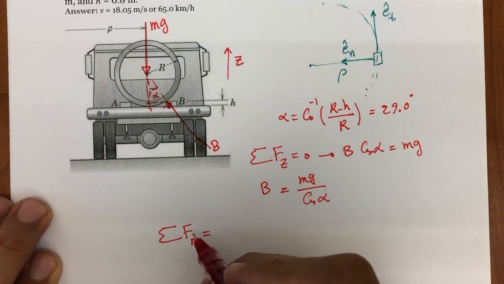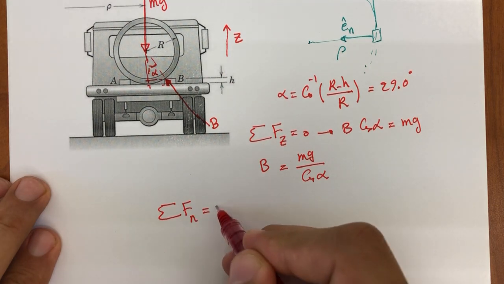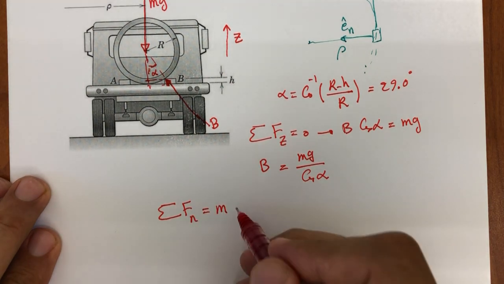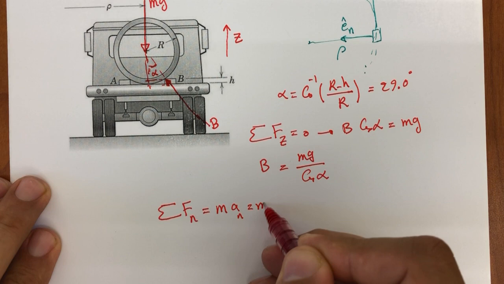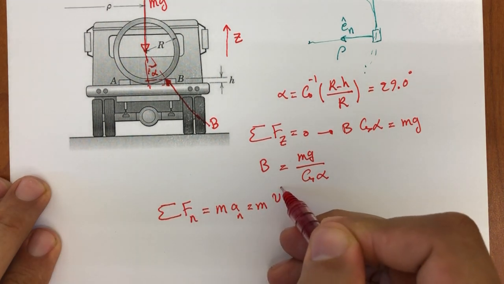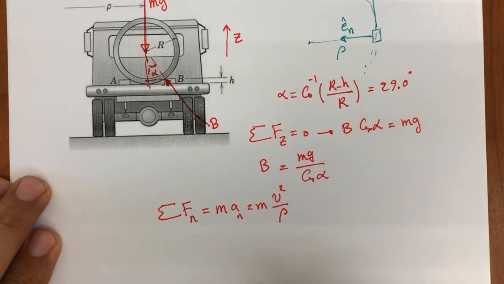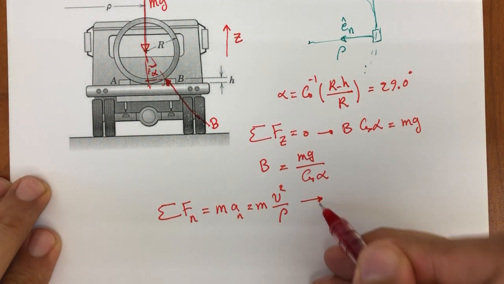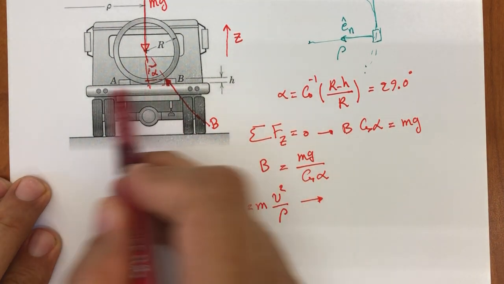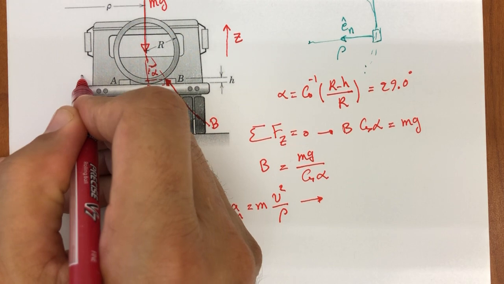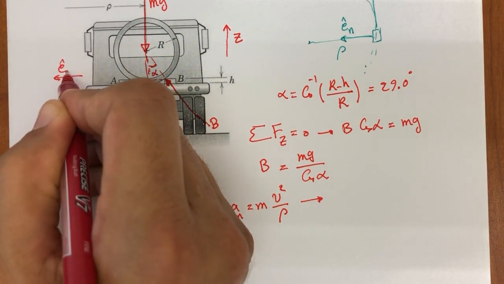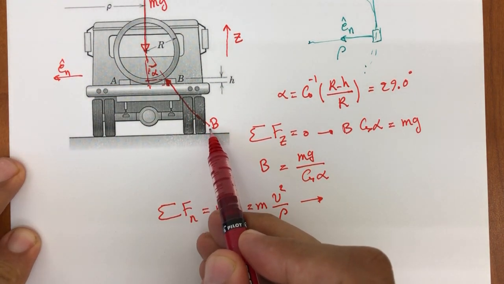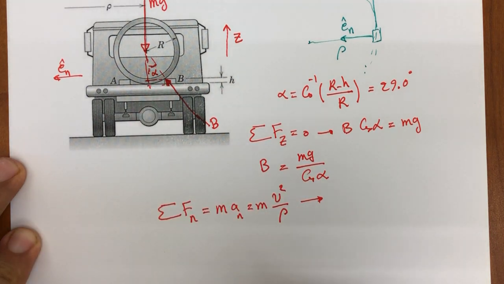Let's see what happens. Sum of the forces in the normal direction is equal to mass times acceleration in the normal direction, which we know is equal to velocity squared divided by rho. And the only force we have in the normal direction, which is this direction, is the component of B times sine of alpha.